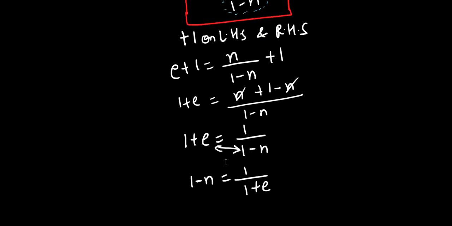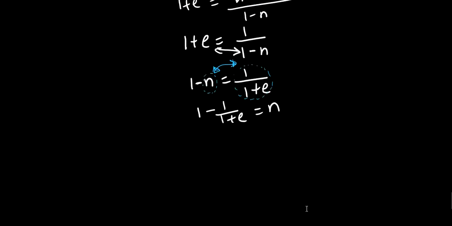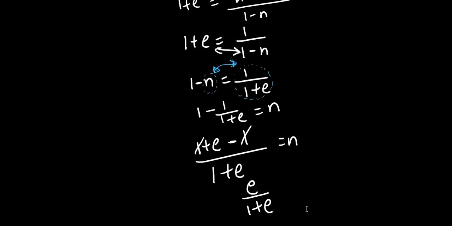Now I just swap the positions of 1 upon 1 plus E and N, so I will get 1 minus 1 upon 1 plus E is equal to N. Now if I take the LCM on the LHS, I will get 1 plus E minus 1 upon 1 plus E is equal to N. So this will be cancelled out, and I will be left with E upon 1 plus E is equal to N. This is also a new relation that I have derived.